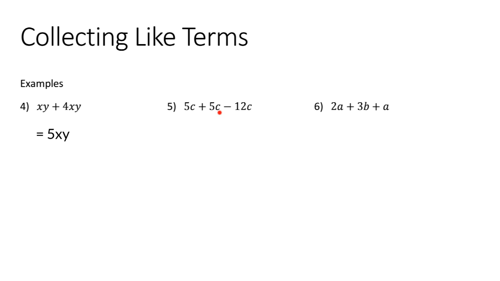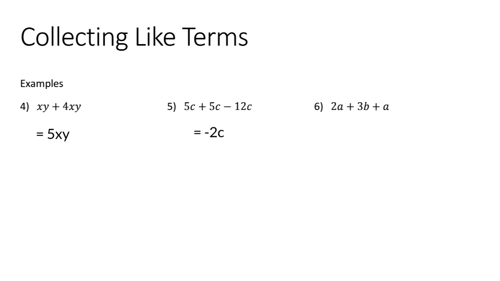And then I've got 10c subtract 12c. Well, if I think of what's 10 take away 12, that goes to negative 2. So my answer for this is going to be negative 2c. So keep that in mind. You can have negative numbers when dealing with algebra.